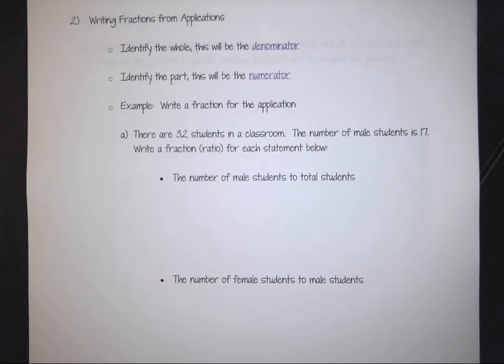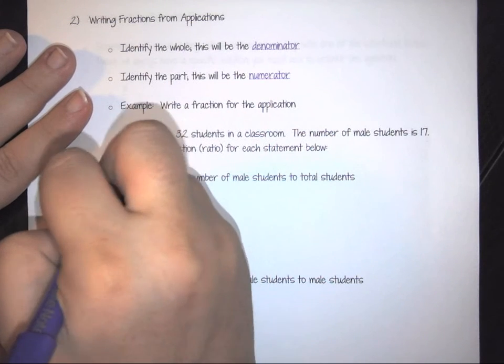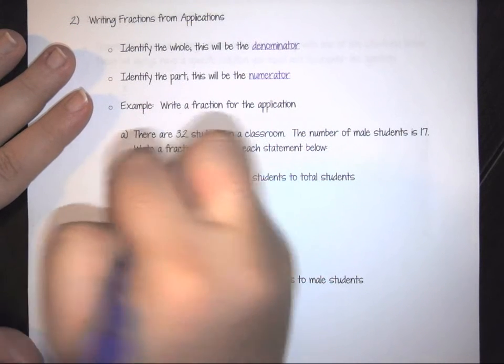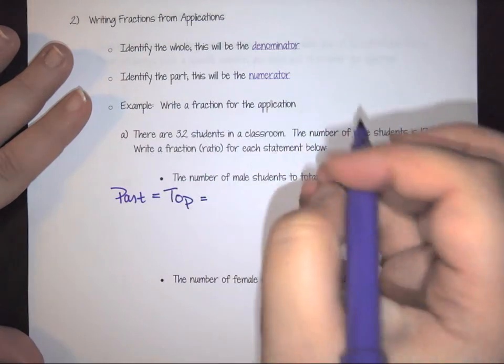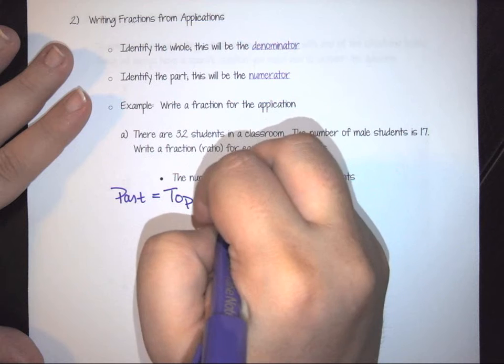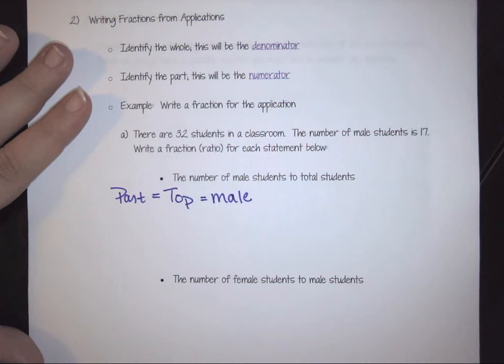So here we have that there are 32 students in a classroom and that the number of male students is 17. And we want you to write a fraction for each statement below. The first statement says the number of male students to total students. So when we're talking about the part, remember the part is going to be the top, and in this case we're talking about male students.